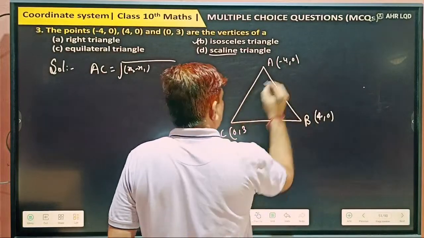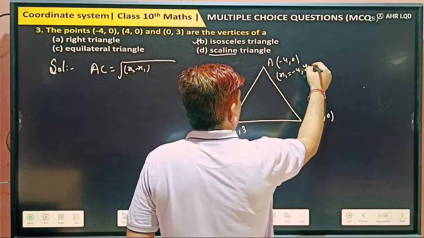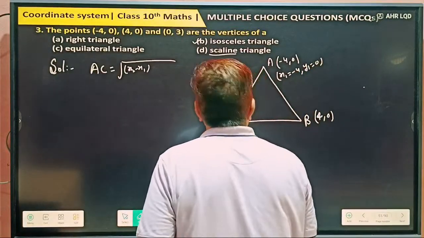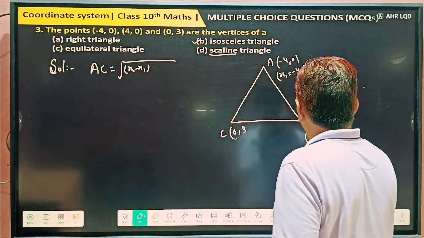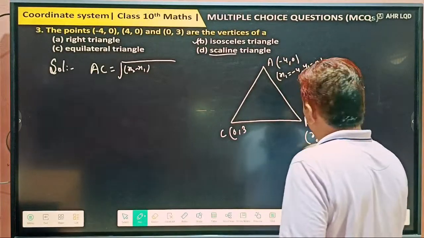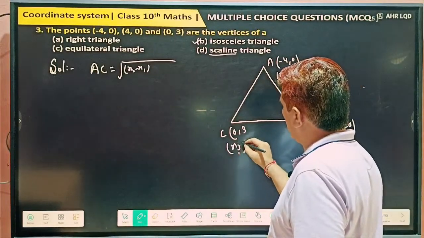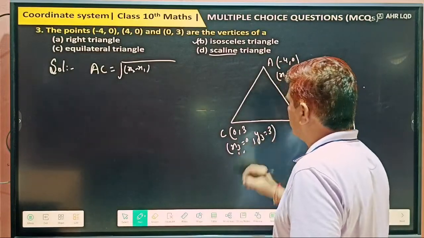So how can we write? x1 equal to minus 4, y1 equal to 0. For B, x2 equal to 4, y2 equal to 0, and this we can say x3 equal to 0 and y3 equal to minus 3.